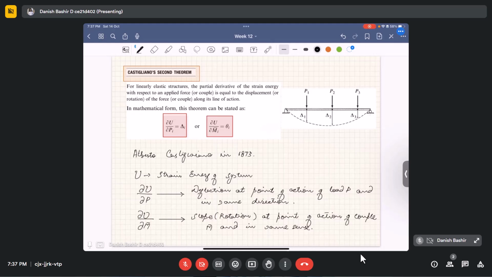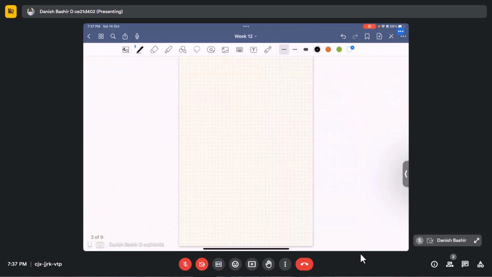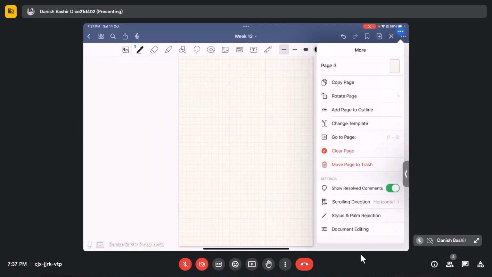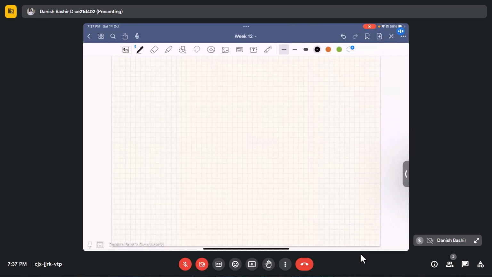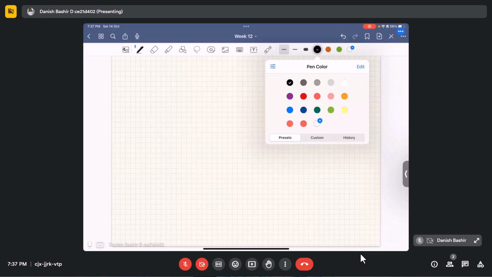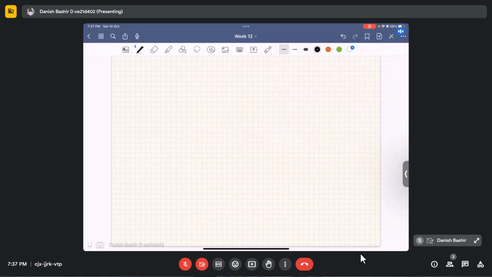So what we have to do is like this. For example, one of the basic structures we study in structural analysis is this.